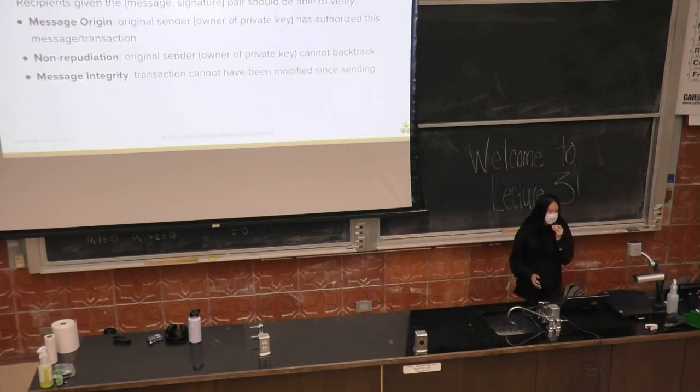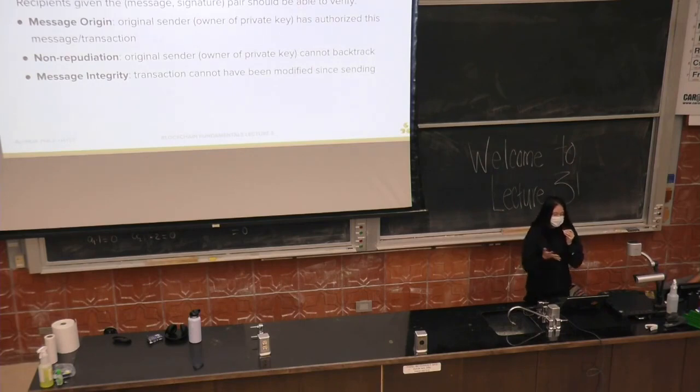Yeah, so basically a summary of ECDSA: recipients, when they are given a transaction or a message as well as a signature, should be able to verify who the message was from, so the original sender, using that original sender's public key.